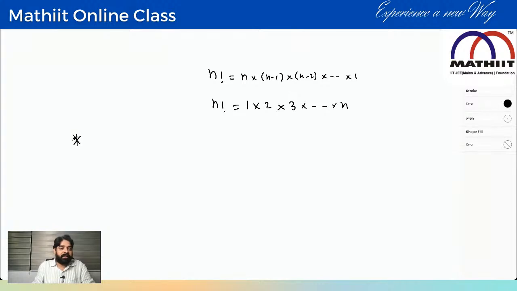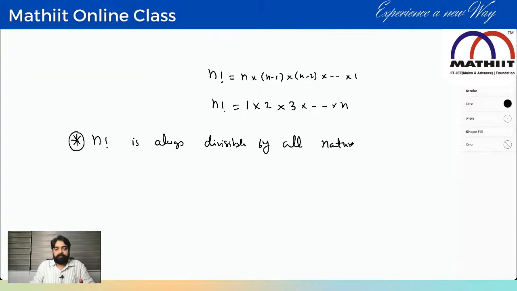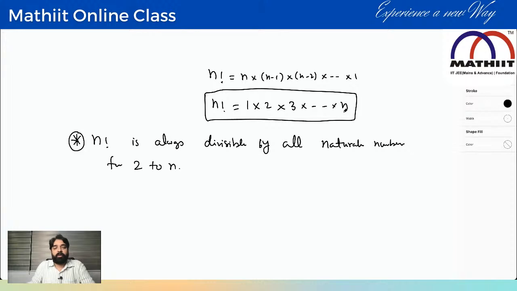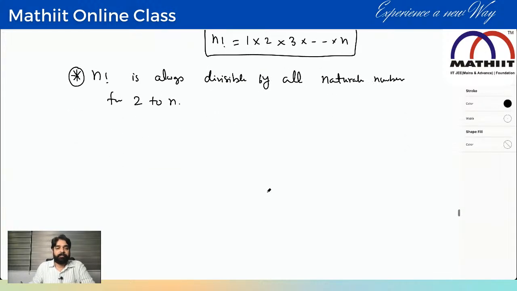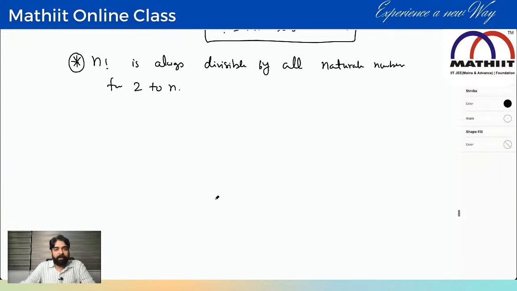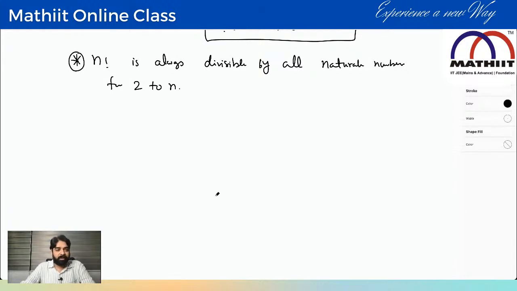You can easily mention that n factorial is always divisible by all natural numbers from 2 to n. Because it contains every natural number from 1 to n, it's divisible by every one of them. I hope everybody understood factorial. It's not a very big thing, it's a very small thing.